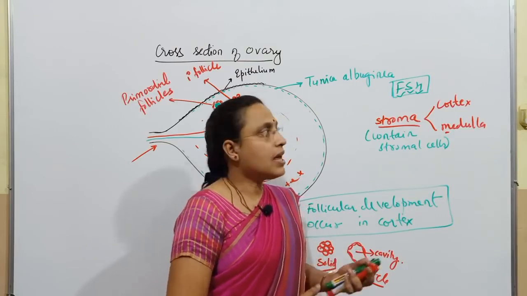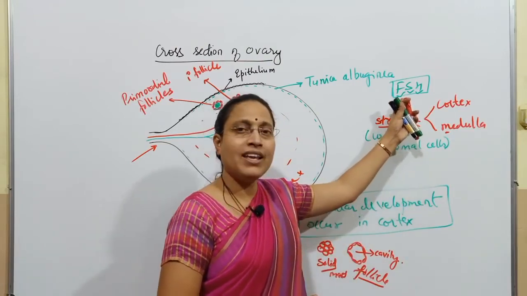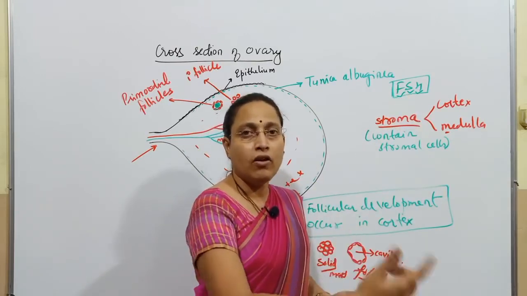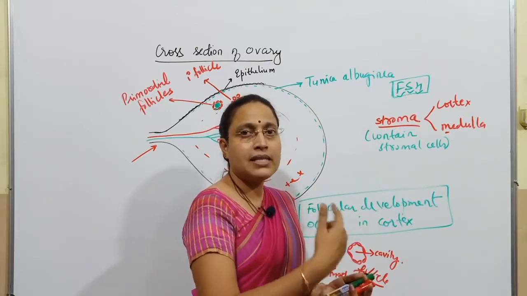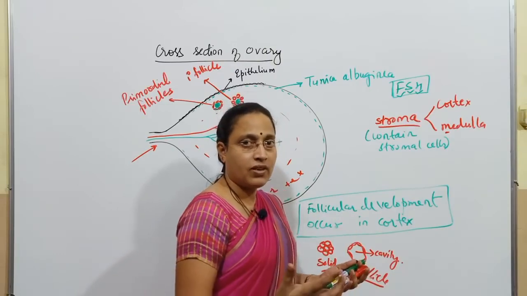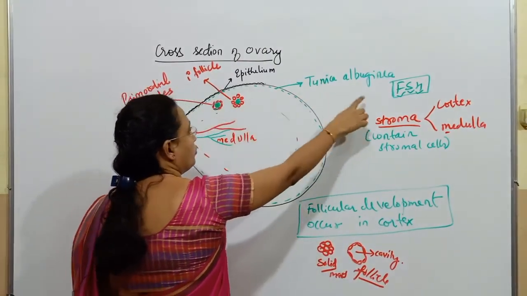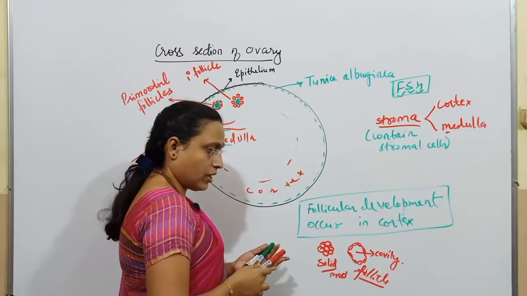So when puberty starts, which hormone will be there? Follicle stimulating hormone, and this hormone will stimulate the follicles from primary, secondary, tertiary and Graafian, as I have already told.